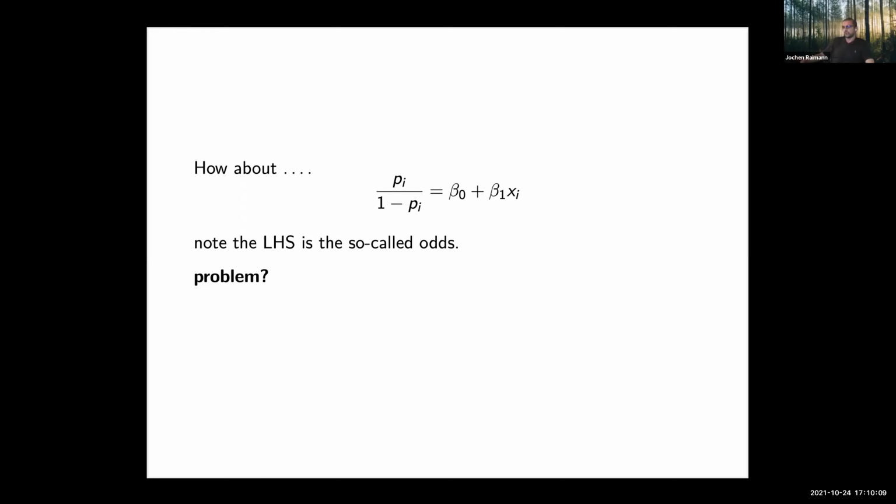So essentially, if you divide the probability by 1 minus the probability, the probability of that event not occurring, you're getting the odds. This is something that you also discussed in your introductory statistics lesson.